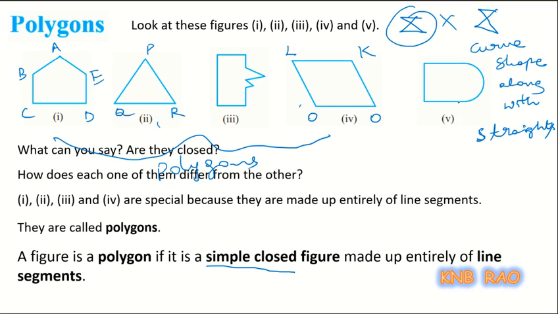Correct now? So you write down the definition of a polygon. A figure is a polygon if it is a simple closed figure made up entirely of line segments, or in simple words, I will tell you my definition: a polygon is a simple closed figure made by only line segments.